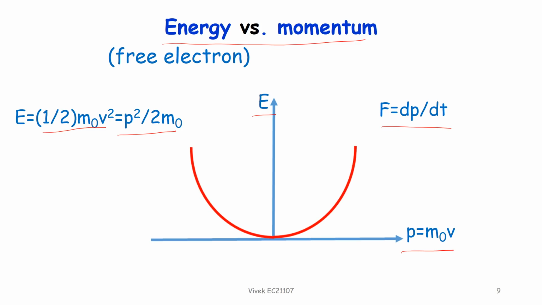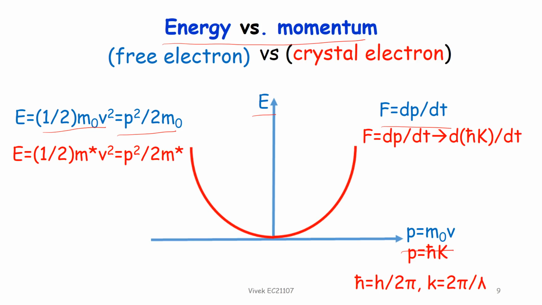Now you can compare this with the electron in the crystal. For a crystal electron, again you can write E equals half m v square, but here the mass is now the effective mass, or you can write p square by 2m. Now, owing to the scientist Planck, here we have momentum which is quantized and is called h bar k.